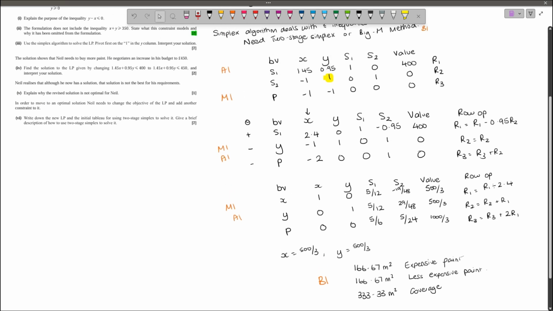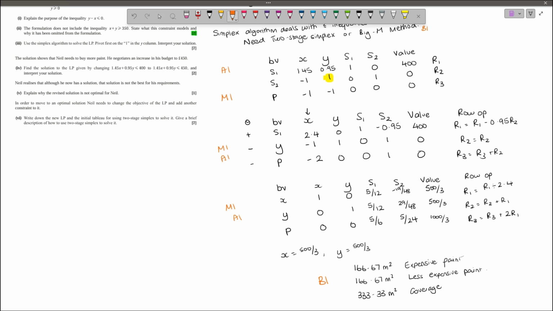So, the solution shows that Neil requires more paint and he negotiates an increase in his budget to £450. Find the solution to the linear programming problem given by changing 1.45x plus 0.95y is less than or equal to 400 to it being less than or equal to 450.